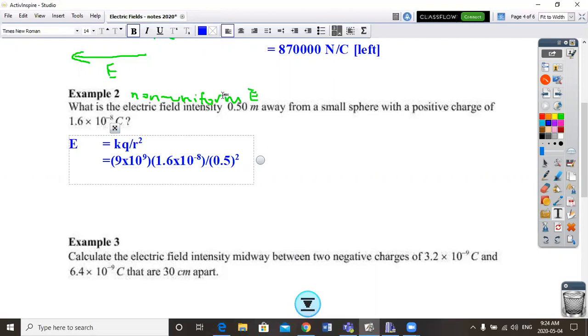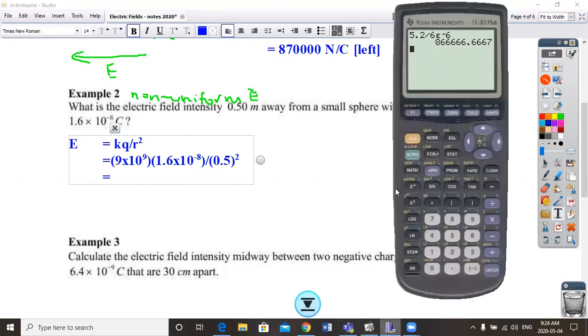Okay. So now we can figure out the magnitude. Pretty straightforward. So 9 times 10 to the power of 9 times 1.6 times 10 to the power of -8 divided by 0.5 squared gives us 576 newtons per coulomb.